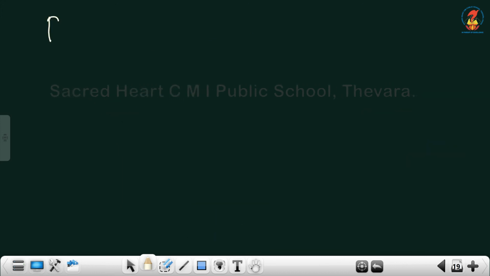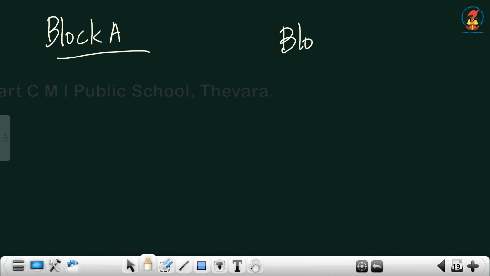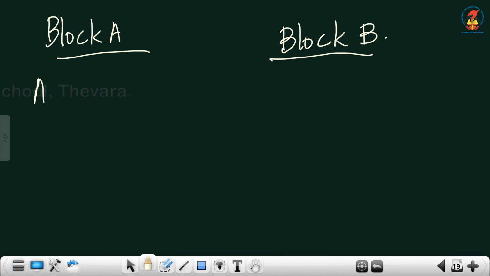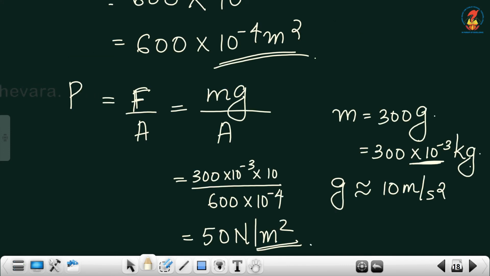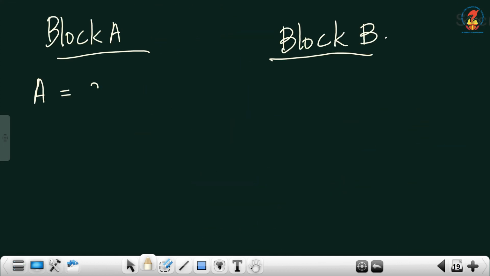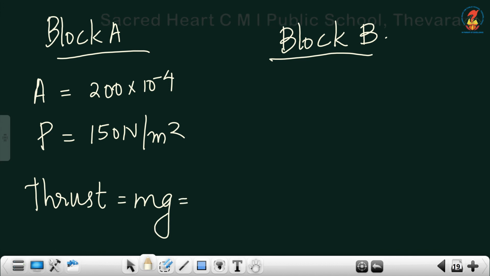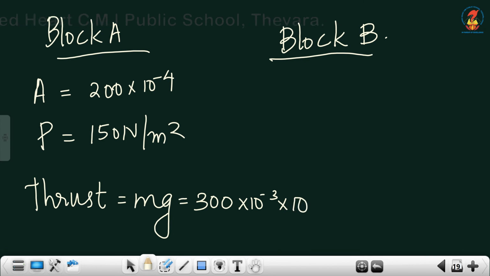Now let us compare the situations of block A and block B. For block A, the area of contact was 200 into 10 raised to minus 4. We got the pressure as 150 Newton per meter square, and the thrust equals mg, which is 300 into 10 raised to minus 3 into 10.